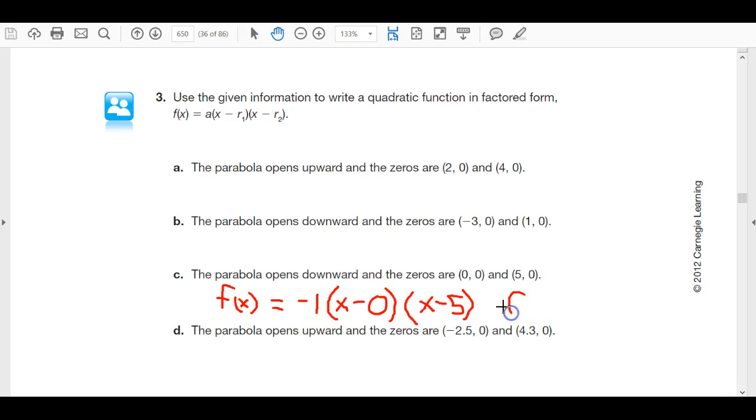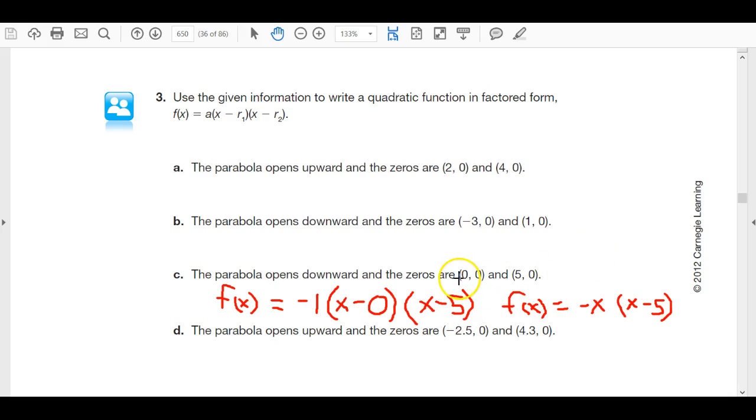So f of x could be rewritten as equal to negative x times x minus 5. And so now I'm hoping you're asking yourself the question: well, wait a minute. Since in this form, x minus 0, does this for sure have 2 zeros?